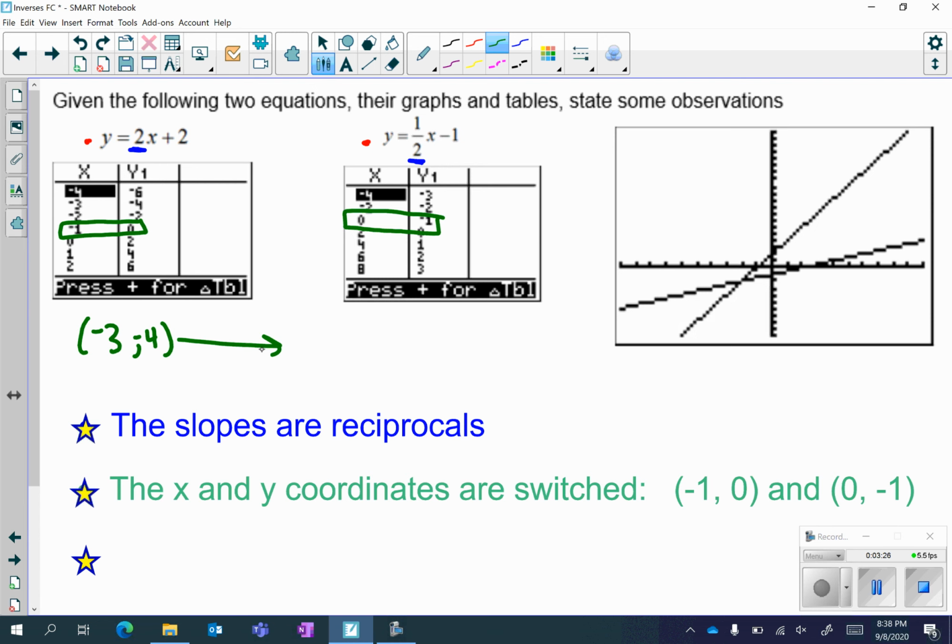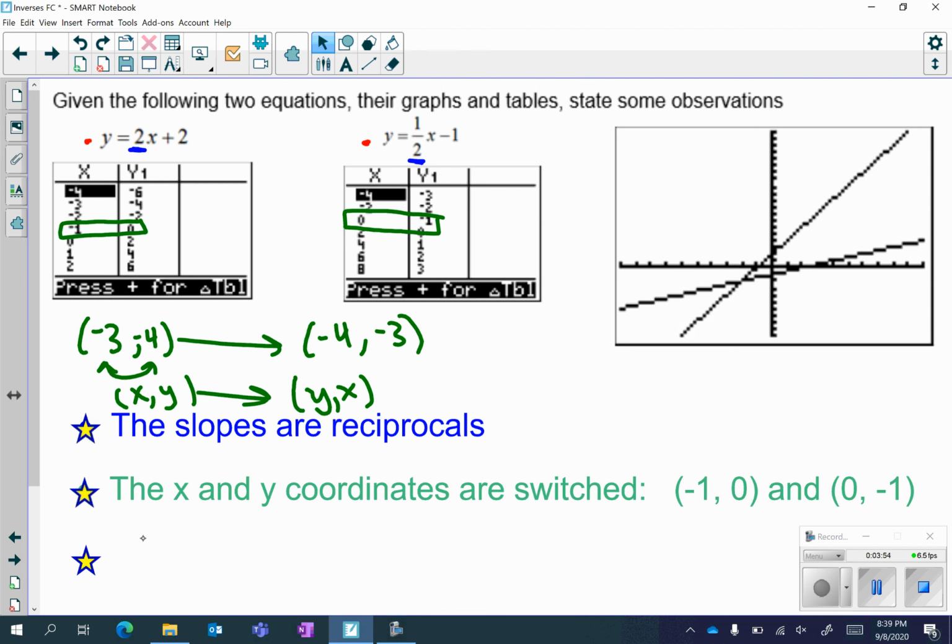So I know that my inverse table should have negative 4, negative 3 because all you're doing is switching the x and y value. You're not changing the actual plus or minus signs of anything. So if you have a coordinate x, y, that means you should go to y, x for the inverse.